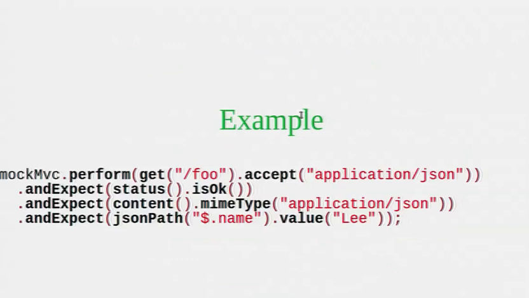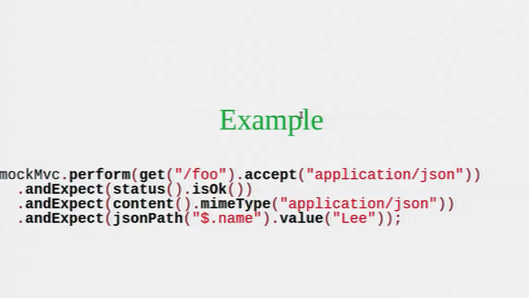So here is an example. This is only a partial example. It doesn't show you everything from start to end. It doesn't show how you initialize this thing called mock MVC. But assume you have this thing called mock MVC, which allows you to perform requests. So you can say perform a GET request to /foo with this accept header, and then when that's performed, expect the response status to be 200 or OK.